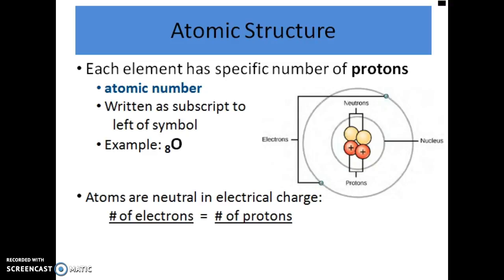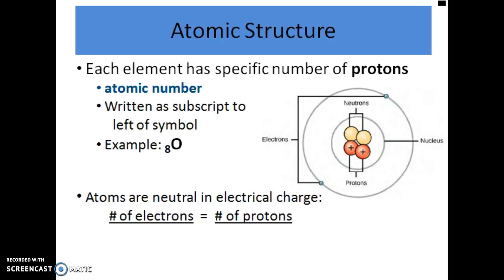That means there have to be 2 units of negative electrical charge, which is provided by 2 electrons. So it's going to be a balance there. As soon as we know how many protons there are, we already know a lot about this specific element, because we know how many electrons there will be when it's electrically neutral.